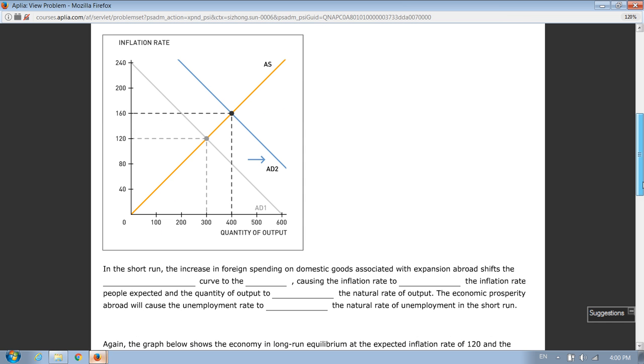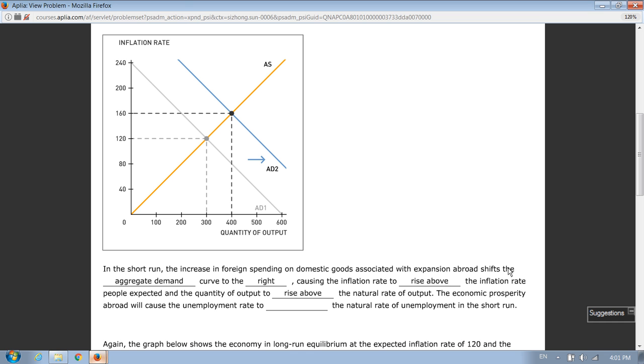In the short run, the increase in foreign spending on domestic goods associated with expansion abroad shifts the aggregate demand curve to the right, causing inflation to rise above the inflation rate people expected, and the quantity of output to rise above the natural rate of output.